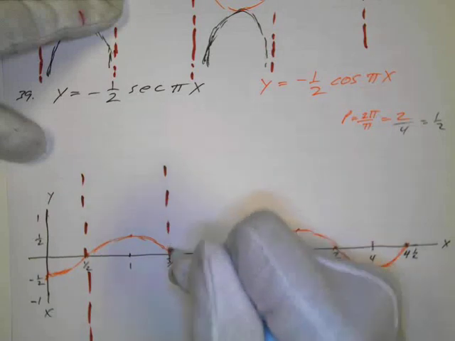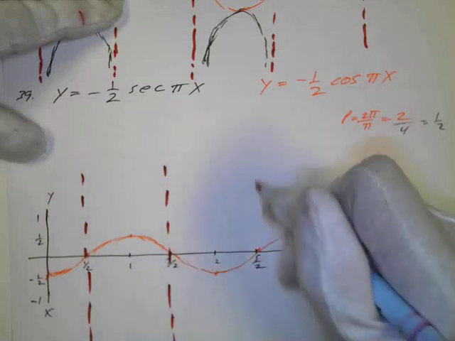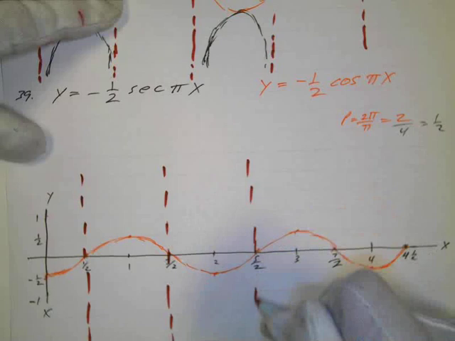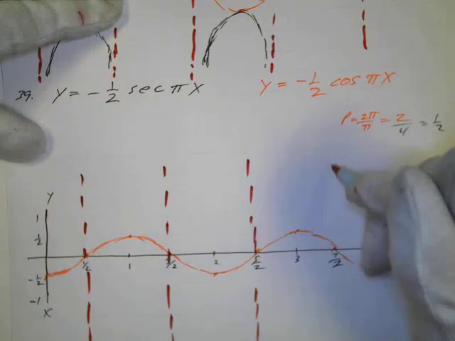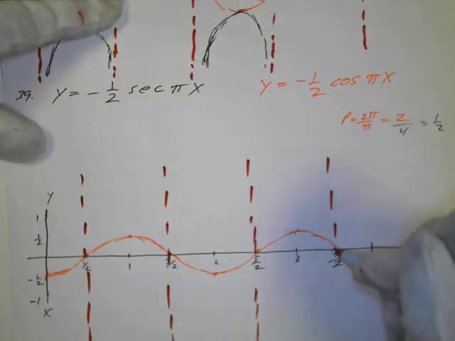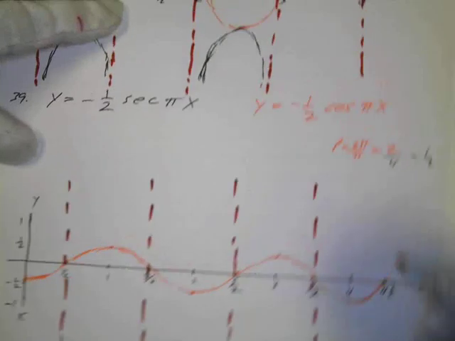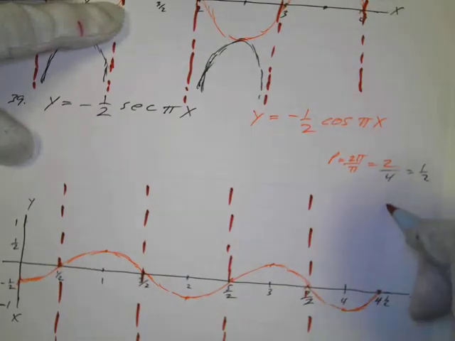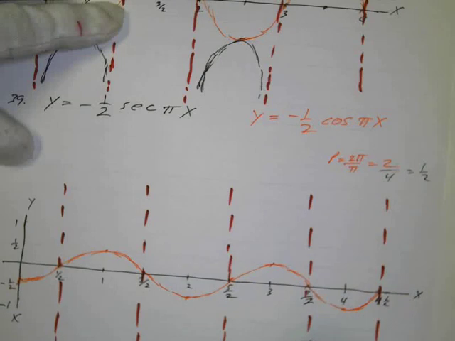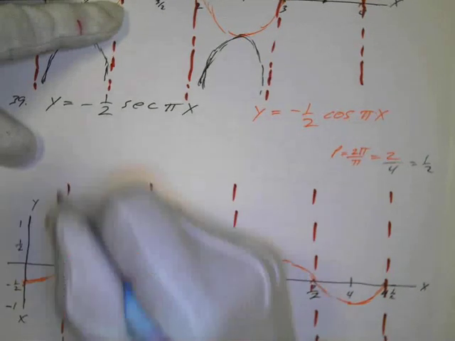Every time there's a 0, that's an asymptote, because 1 over 0 is undefined. Let's see here, we're doing good. And this is why I did a little bit extra, so I could get another full pattern over here.